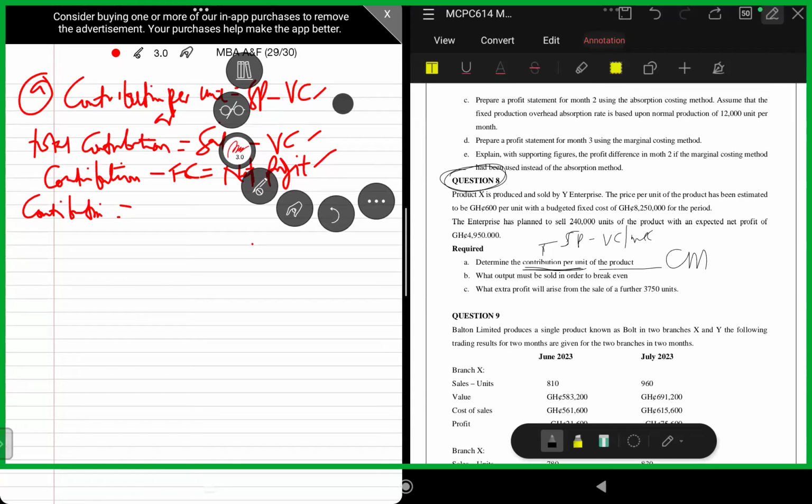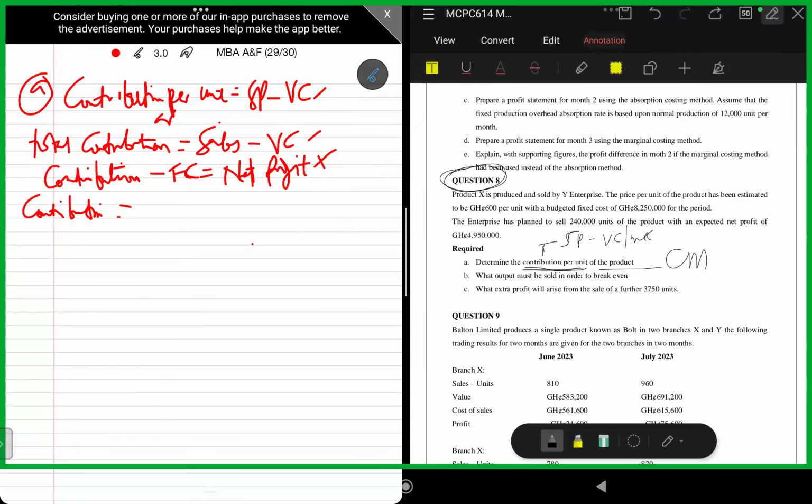Let's see this. Now contribution minus fixed cost. This is the one which was stated per the question. They gave us a net profit. So contribution minus fixed cost equals net profit. Then let me make contribution the subject. It will be contribution equals net profit plus fixed costs.